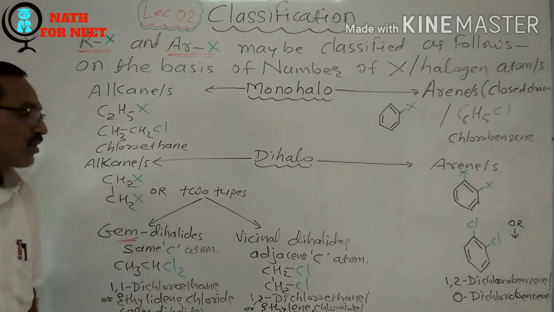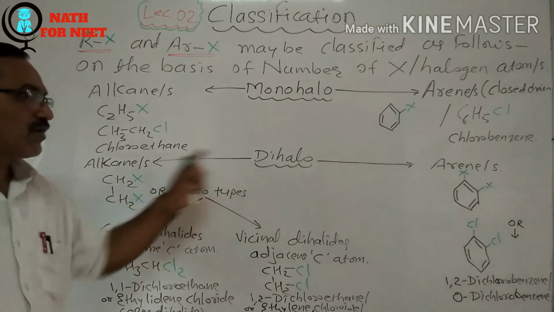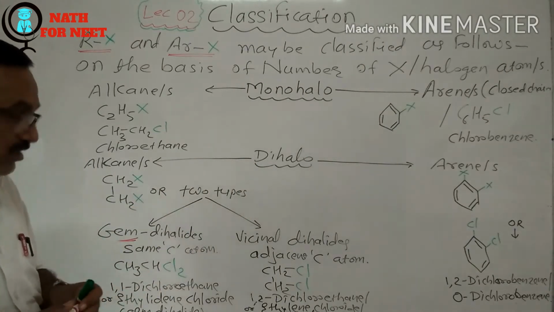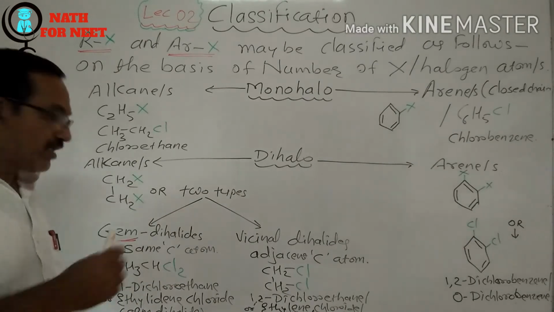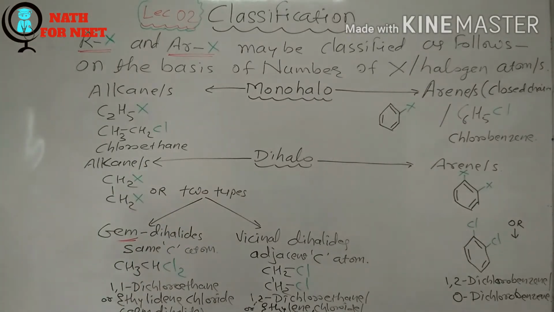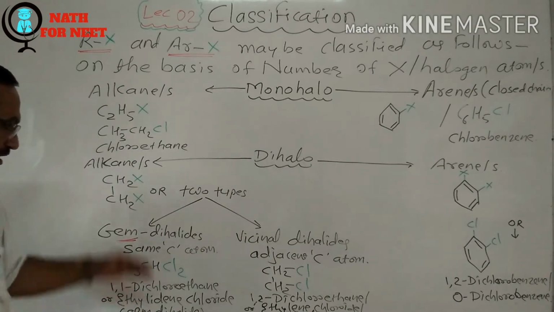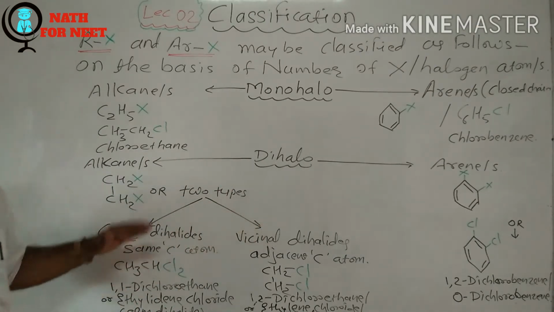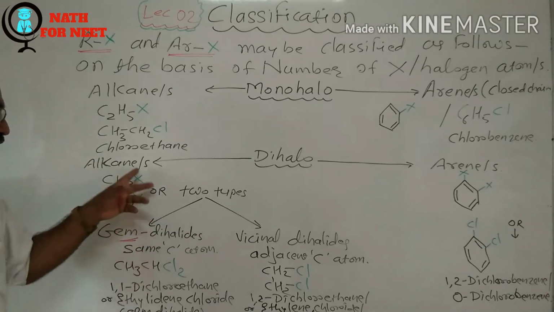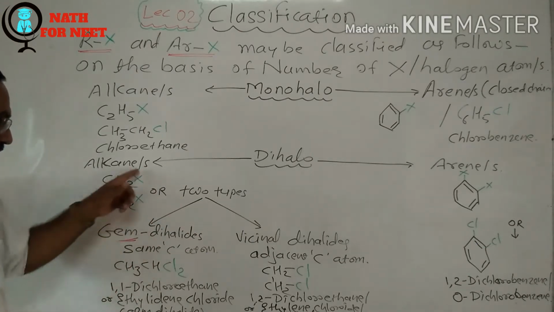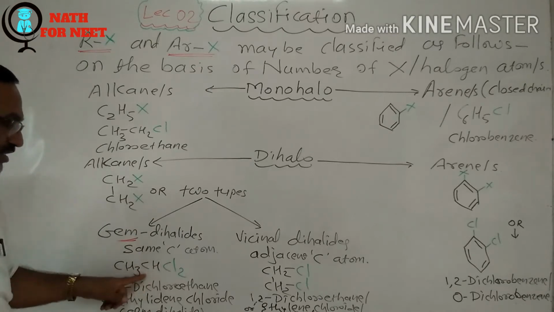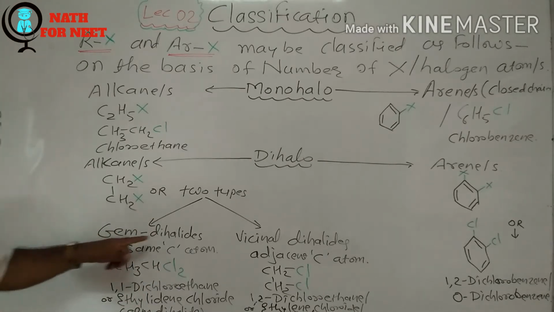So these are the two types of dihaloalkanes, on the basis of the position of the halogen atoms in the respective dihaloalkane. There are two types, gem and vicinal. Whenever both halogen atoms occupy the same carbon atom, you call them gem dihalides.